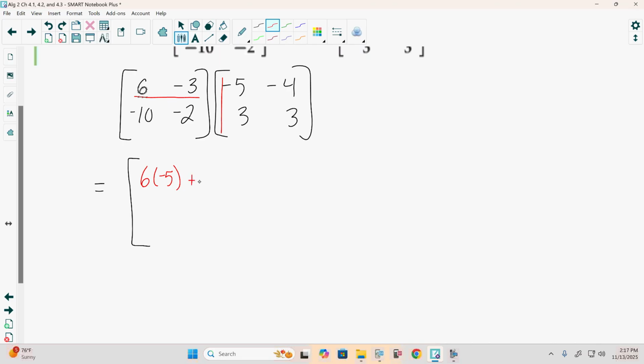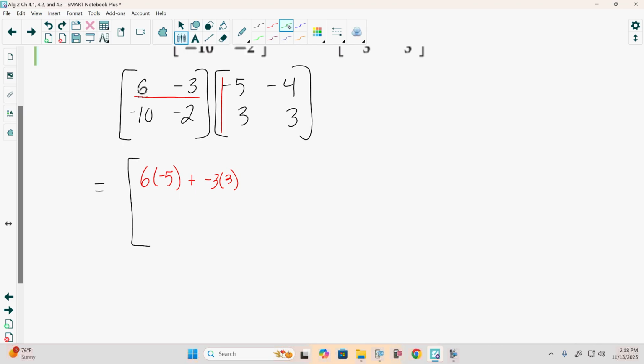And we would add to it -3 times 3. If there was another number after -3, say 4, we would multiply it by the number under the 3 in the second one. So we keep going over and down.